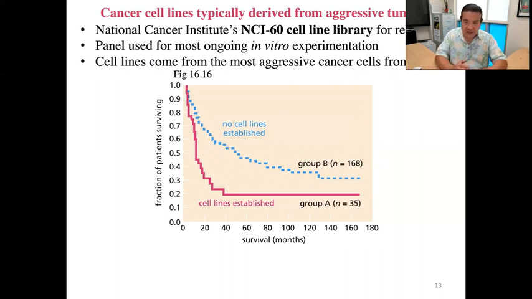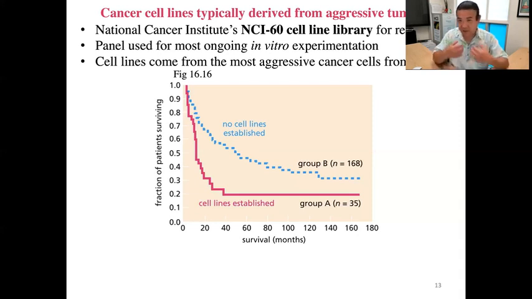The National Cancer Institute has this library of cell lines called NCI 60. So it's like 60 different well-established cancer cell lines. And this panel of cell lines, oncologists in the lab choose from this catalog of cell lines. You choose something that closely matches your particular disease of interest, right?